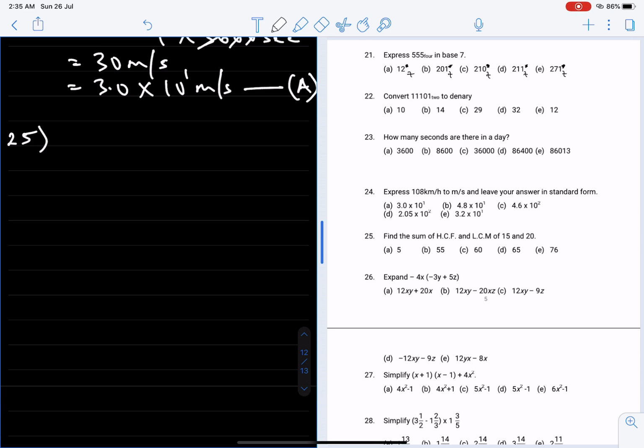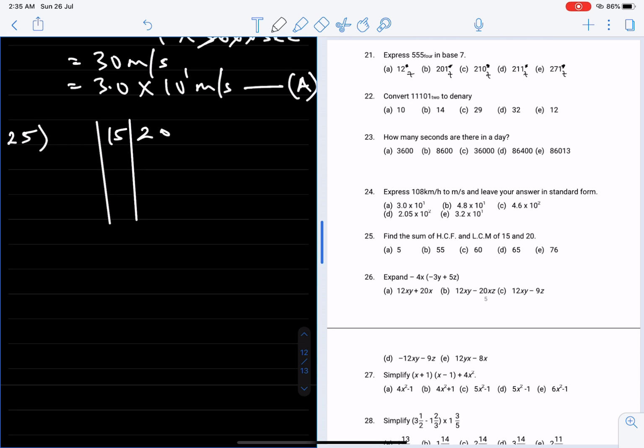and 20. Let's find the HCF first. 15, 20. 5 is what we divide both of them, and here we have 3, 4. HCF equals 5.